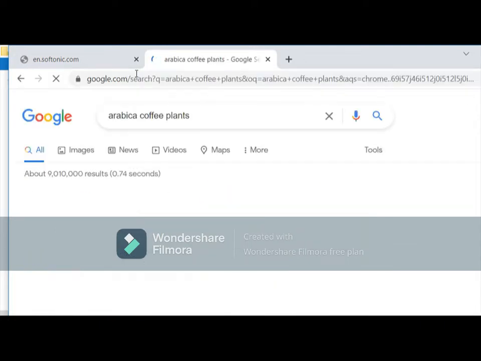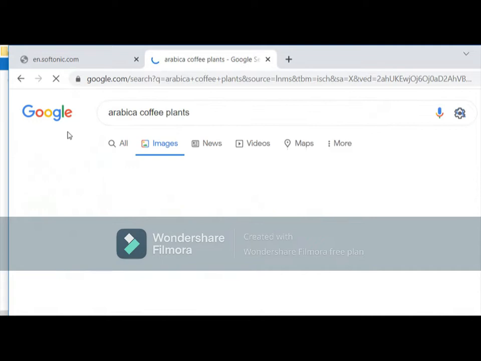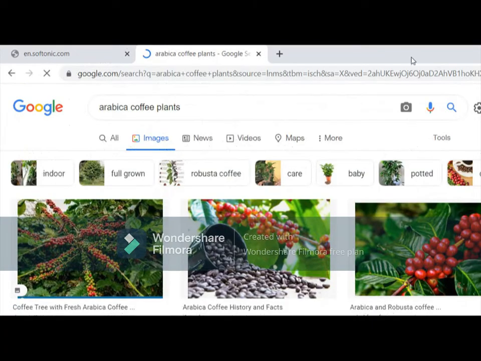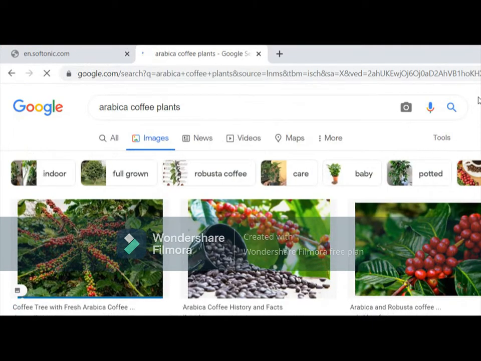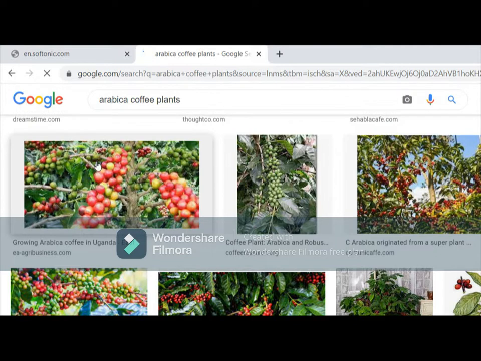Yes, get images here, then you can see well. Yeah, this is how Arabica coffee looks like. You will get the difference when we look at Robusta coffee.